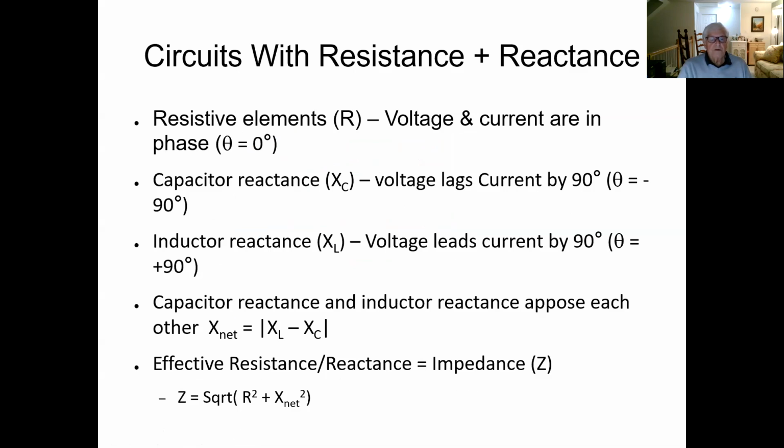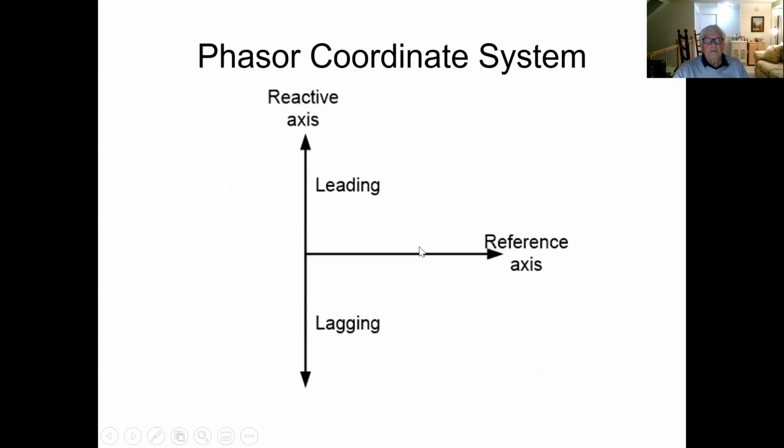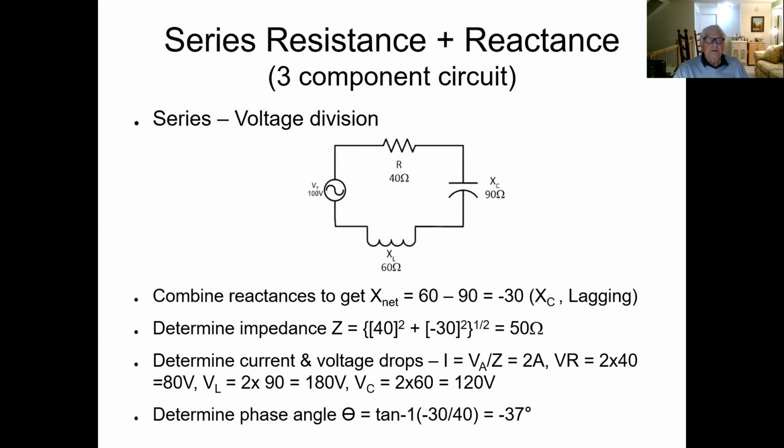The capacitor reactance and inductor reactance oppose each other, so we take the magnitude of XL minus XC. And the effective resistance then is the impedance, which is the square root of R squared plus X net squared. And again, we use phasor coordinates the same way, with the same phasor diagram.